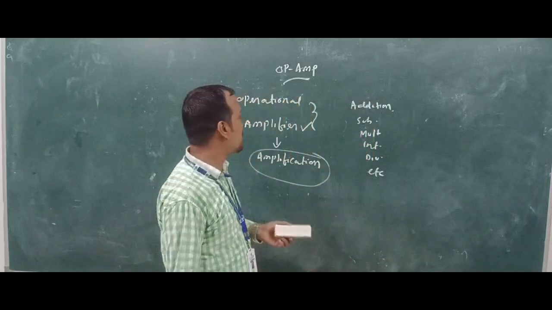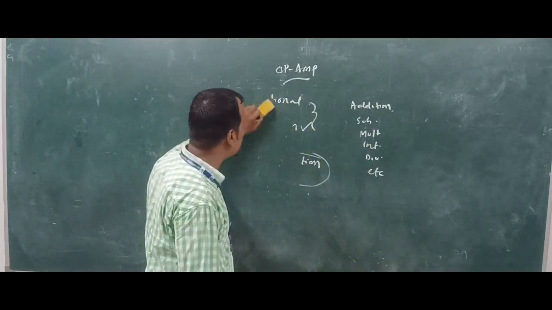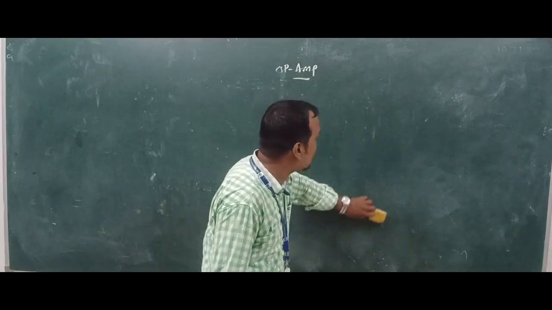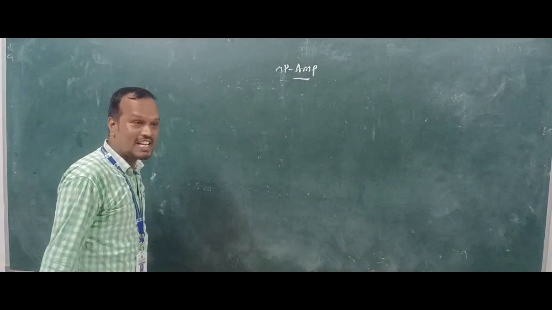Got it? Operational amplifier is an electronic device which is used for strengthening the weak signal to a high signal.